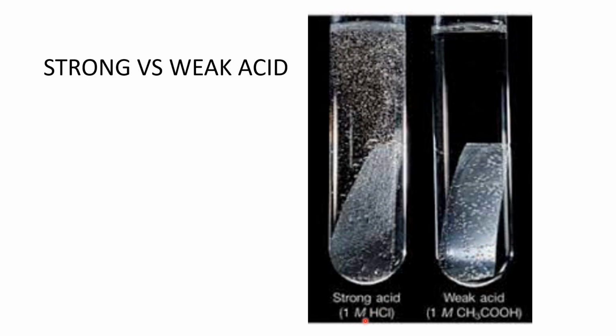Pareho sila ng concentration, 1 molar, 1 molar, but HCl is a strong acid and acetic acid is a weak acid. Tanawa ang ilang reaction, mas maraming bubbles doon sa HCl. Mas mabagal ang formation of bubbles doon sa weak acid, acetic acid.